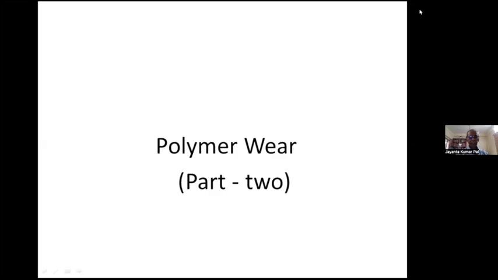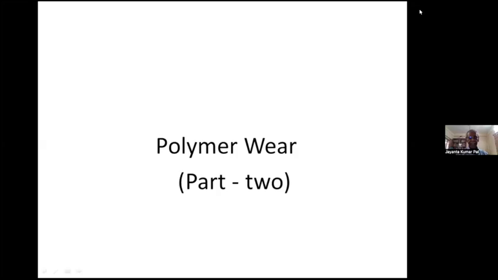In the first part, we have discussed the polymer characteristics and particularly the engineering polymer characteristics and how they wear, and the wear mechanism. And we also tried to develop a tool for predicting the polymer wear.